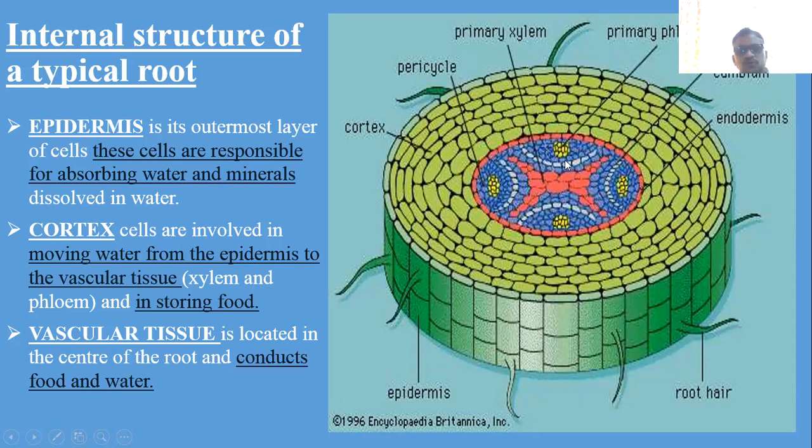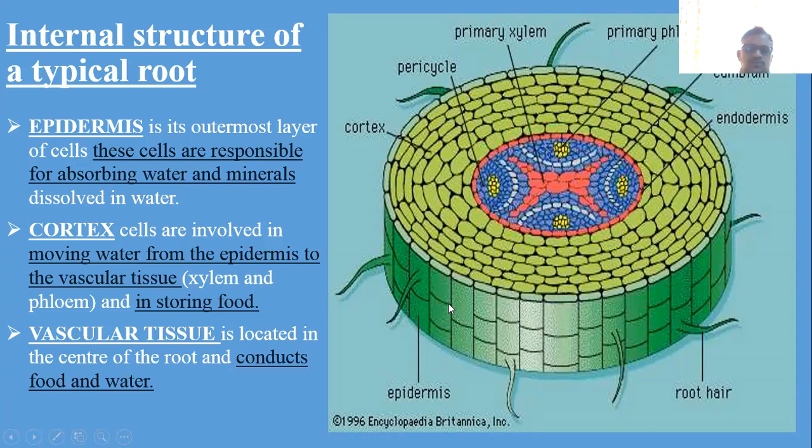Xylem means the absorbed water goes through this xylem layer. Then phloem is there, which is responsible for the movement of the food material. Then the cambium layer is present.